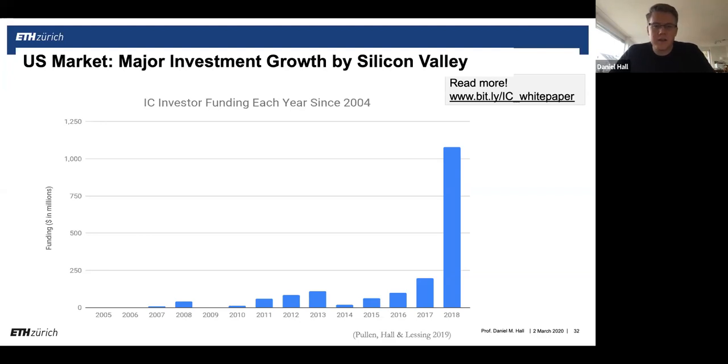A lot of that went into construction tech, so you can think things like BIM and drones. But over $1 billion went specifically into new construction companies that were developing new products, new platforms, and were kind of vertically integrated or digital systems integrated. So there's been a major investment, and if I had 2019 numbers, it would probably be very high again, because we continue to see a lot of investment in this area.